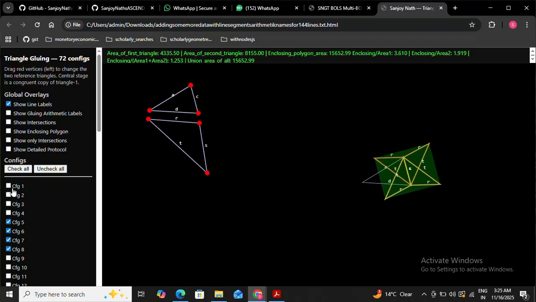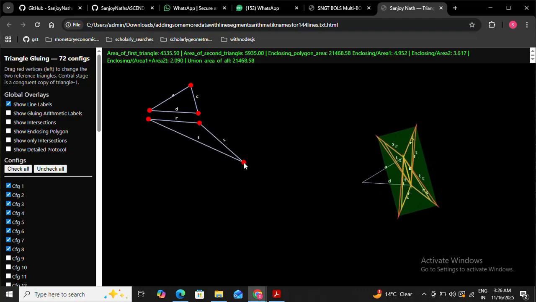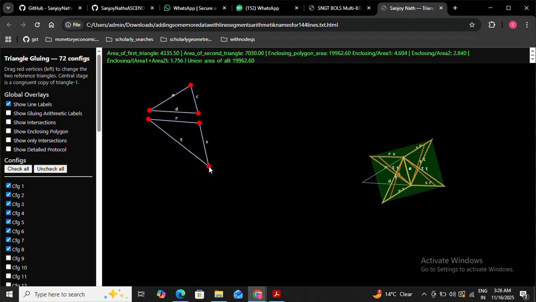In the same way, if we open up all these 4 also, then we can see these behaviors are overlapping, but for some other theta these are not always overlapping.